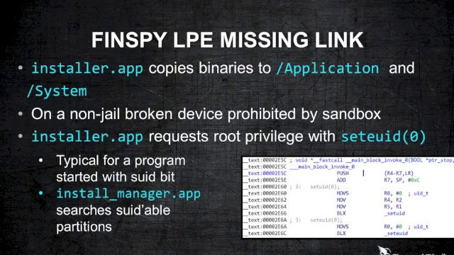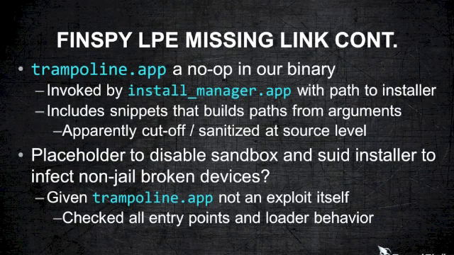And this is where this broken no-op trampoline app comes into play. It is invoked by the install manager dropper that drops all these four binaries, with the path to the installer app normally. So it's invoked by the dropper before the actual installer is invoked, pointing to the actual installer.